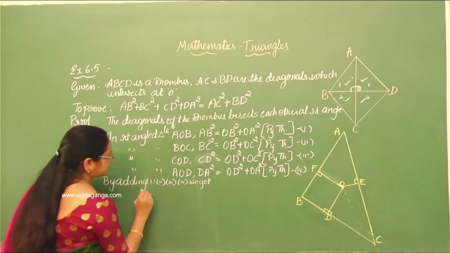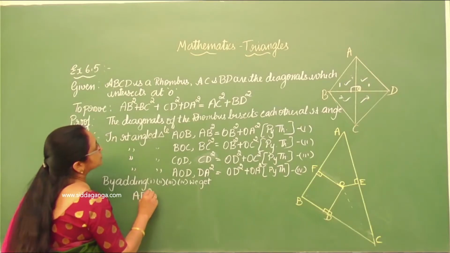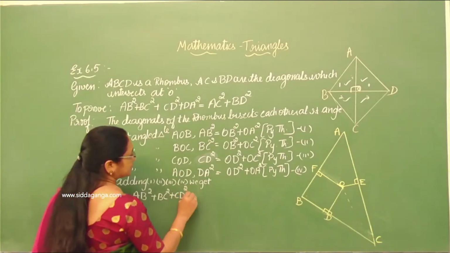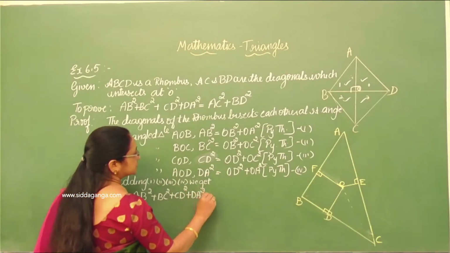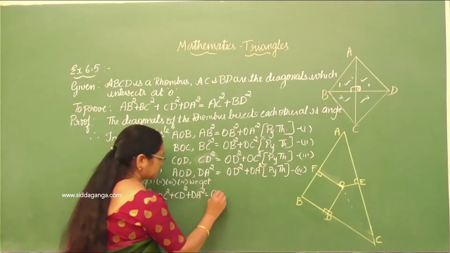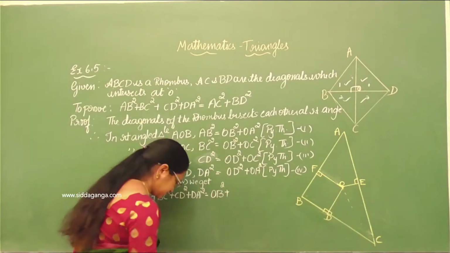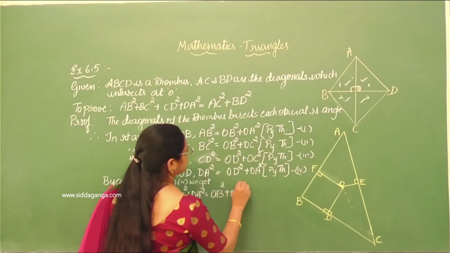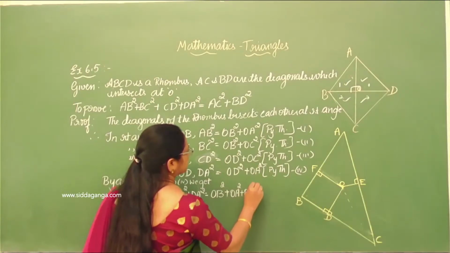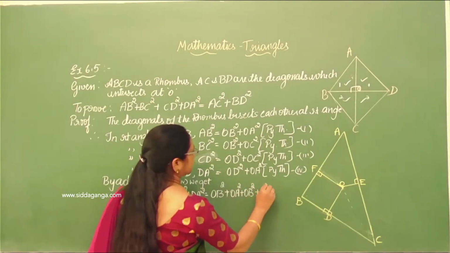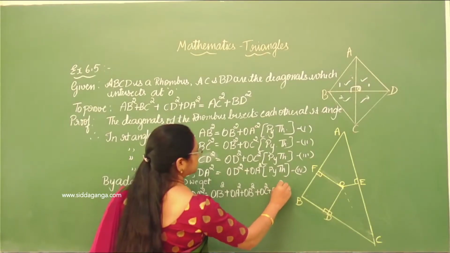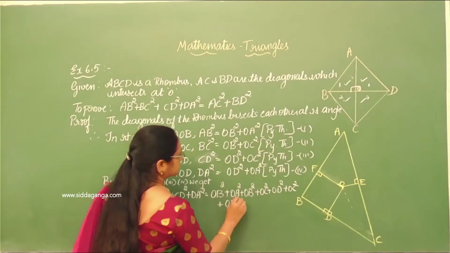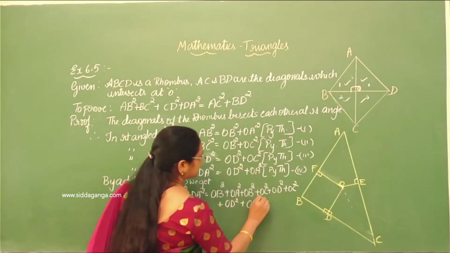AB square plus BC square plus CD square plus DA square is equal to OB square plus OA square plus OB square plus OC square plus OD square plus OC square plus OD square plus OA square.